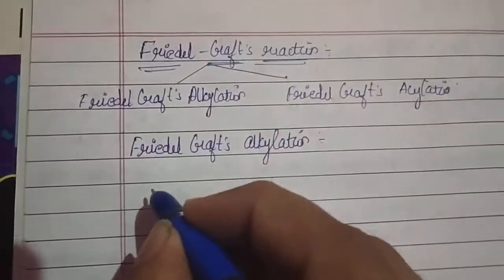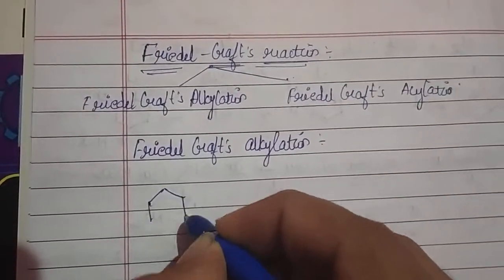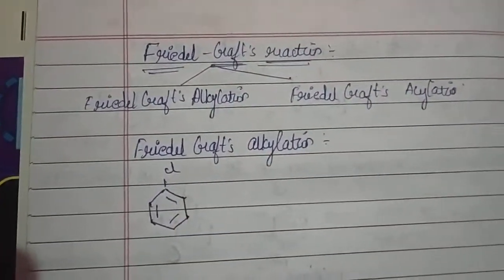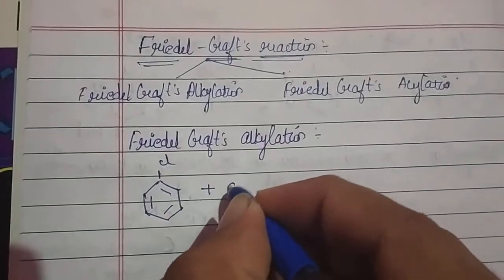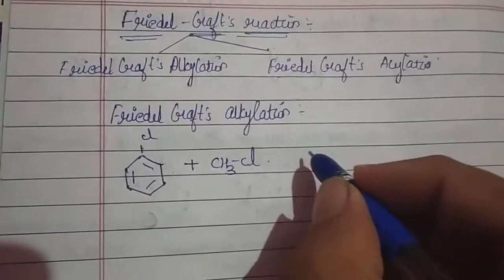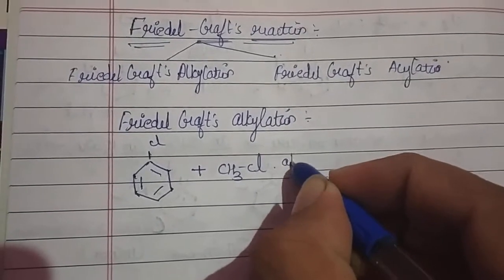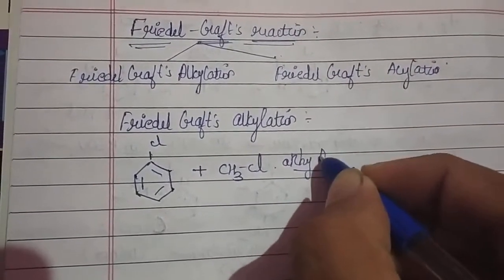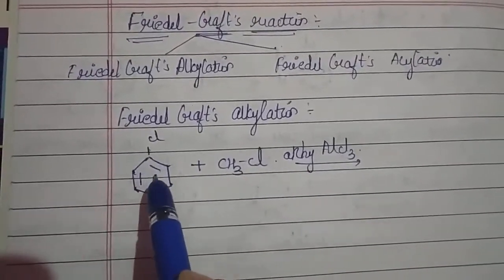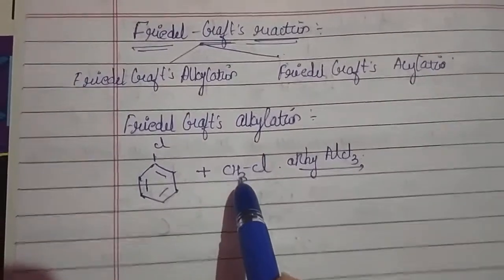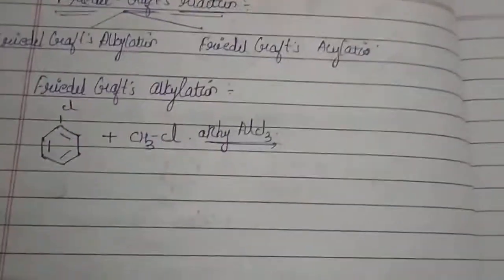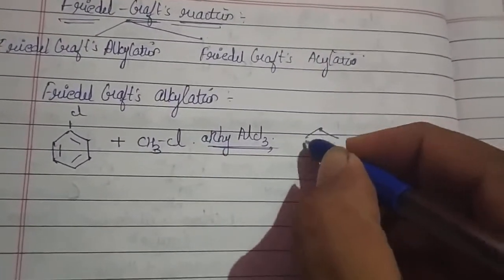Remember guys, when we are treating our chlorobenzene with methyl chloride, in the presence of anhydrous aluminium trichloride, of course, what are we going to get?